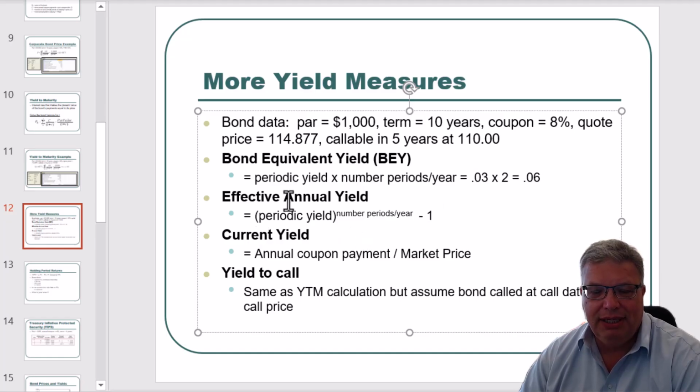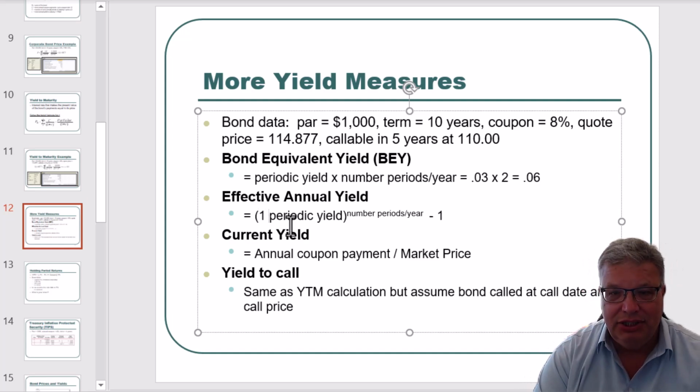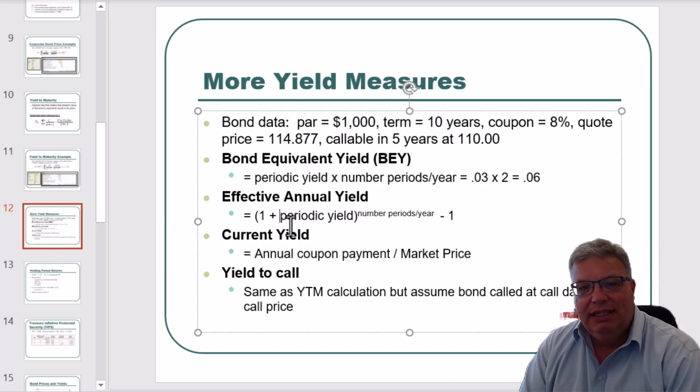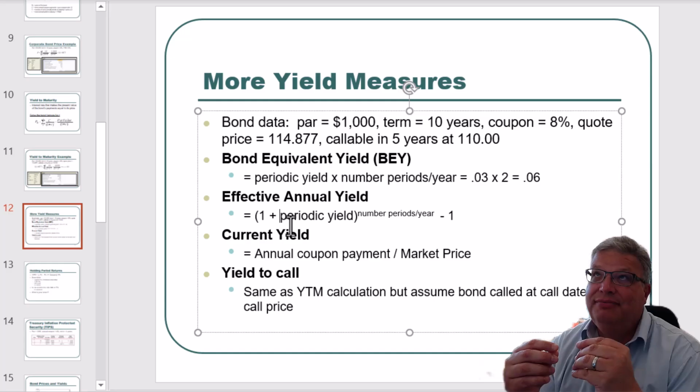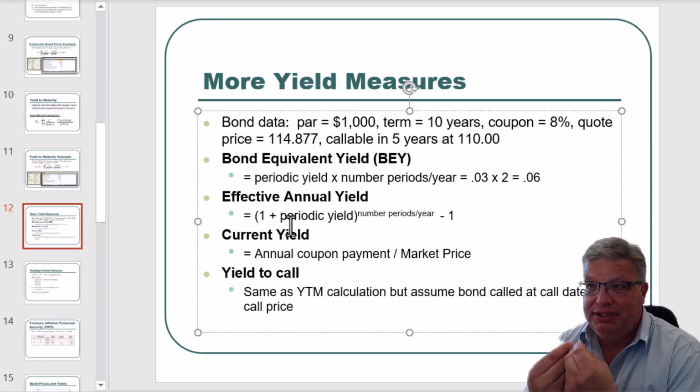This one, the effective annual yield, and you know what? I have to write something in here. It should be 1 plus periodic yield. This basically recalculates yield as if you could reinvest your coupons and get the same rate of return all the time.